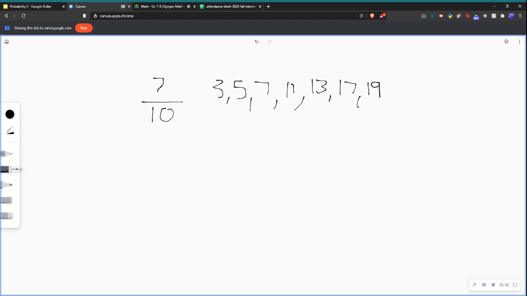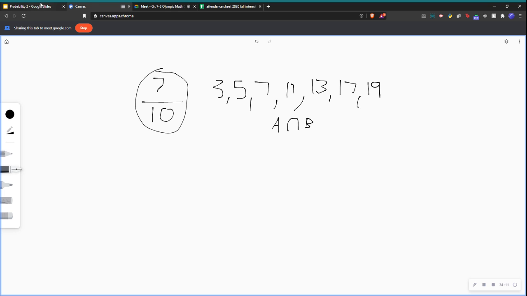These are the numbers that are odd and prime. We didn't count 2, because it has to be odd. And this just represents A and B, so you say odd and prime, or prime and odd, between 1 and 20. And so this would be your final answer, 7 over 10.